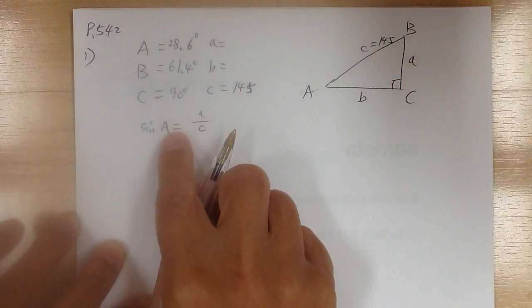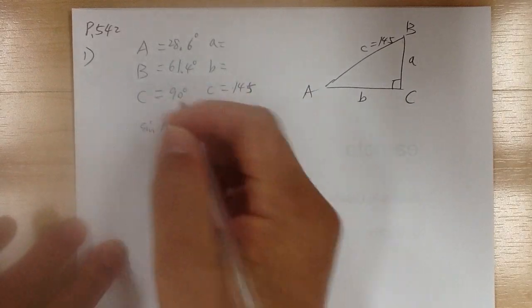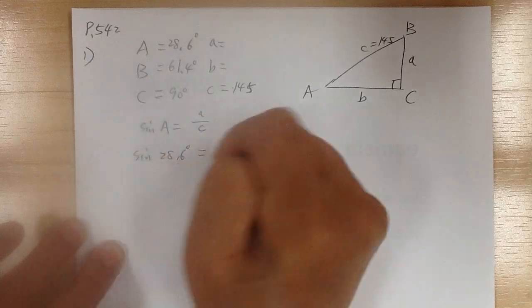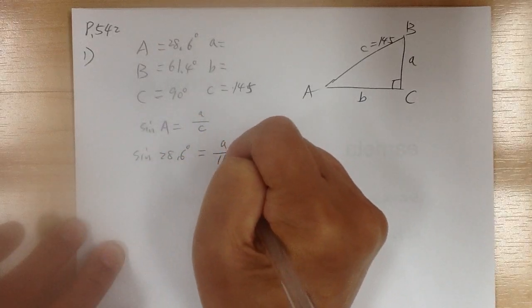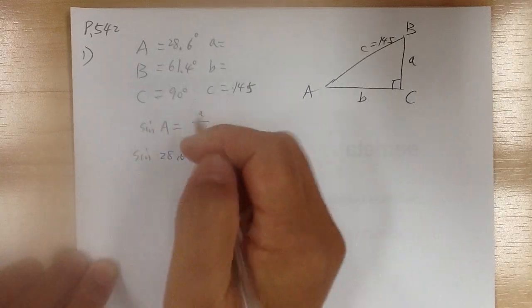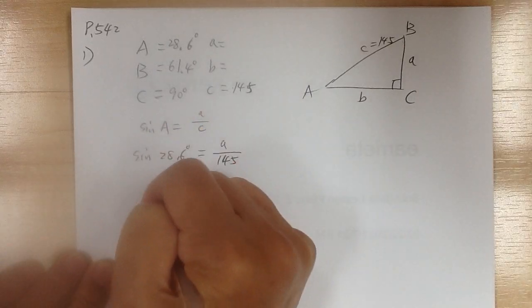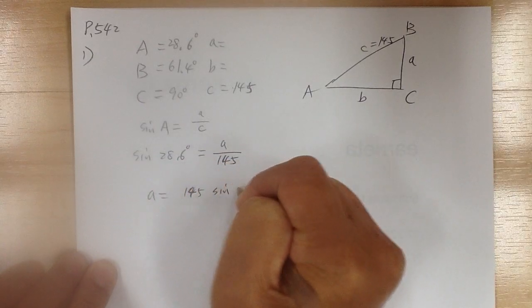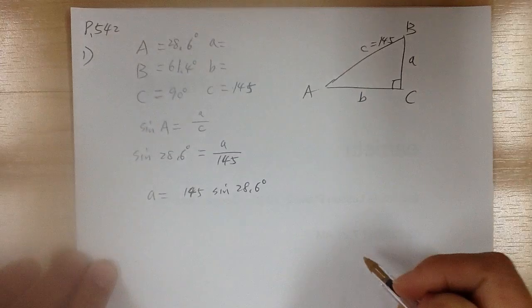Okay, write down your formula first. Then you substitute everything. So you got sine of 28.6 degrees equal to a over 145. Then you go and cross multiply. Okay, so you got a is equal to 145 times sine of 28.6 degrees.